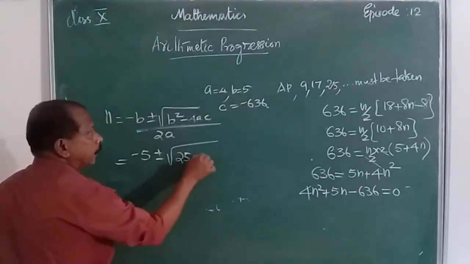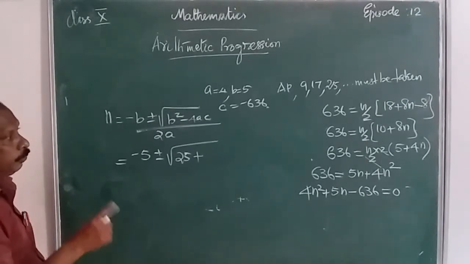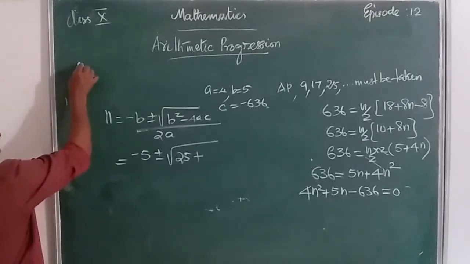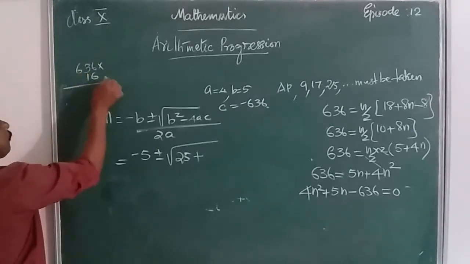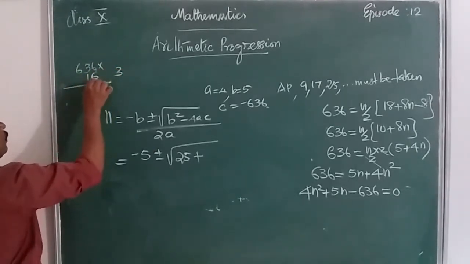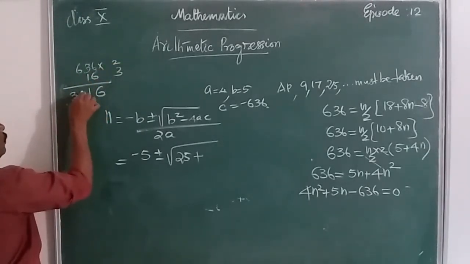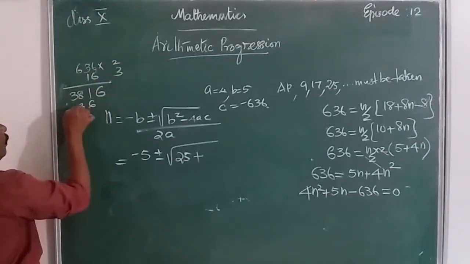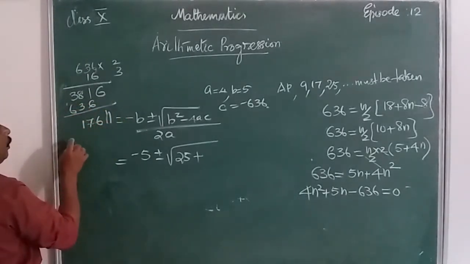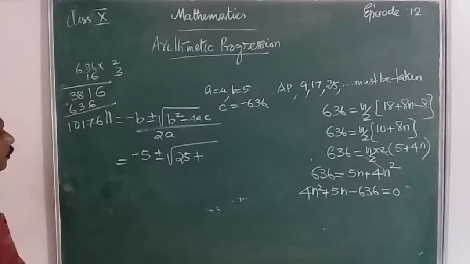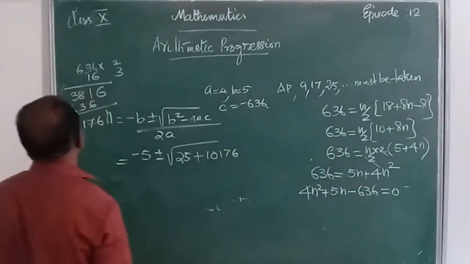Minus into minus is plus. 4 into 4 is 16, that is 16 into 636. The answer is 10176.